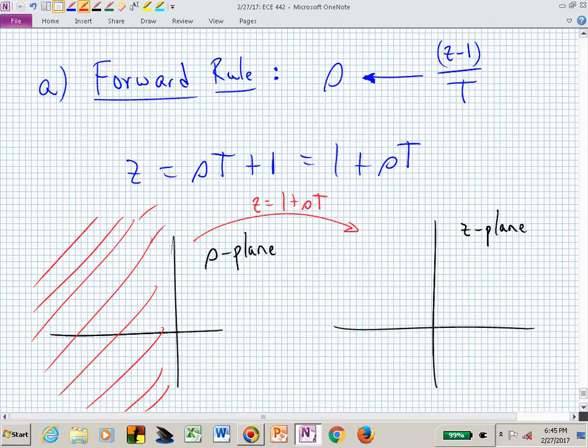Now if I map every point in the s-plane using s plus 1 to get it into the z-plane, what's going to happen in the z-plane? Do you see that I'm just shifting by 1, and now I'm over here?